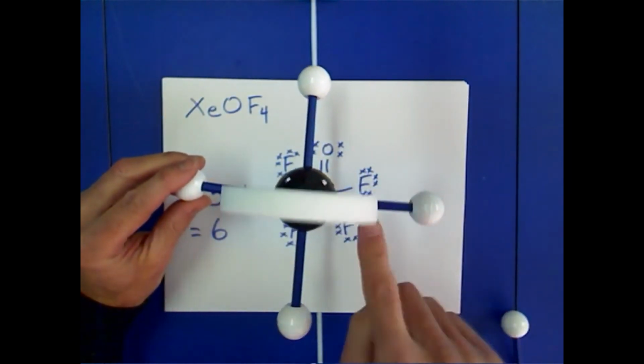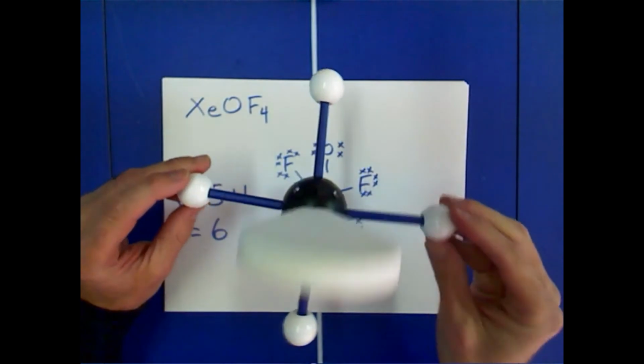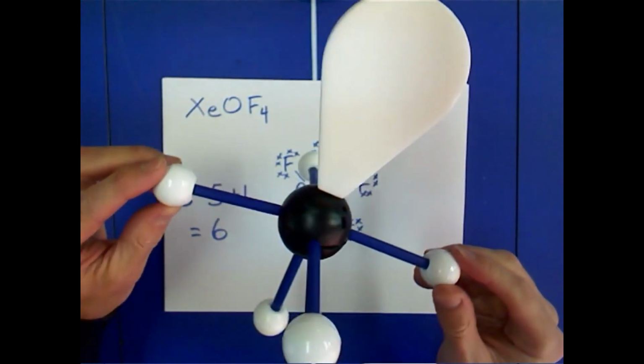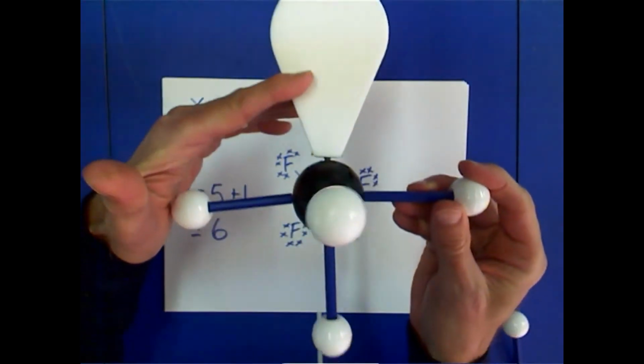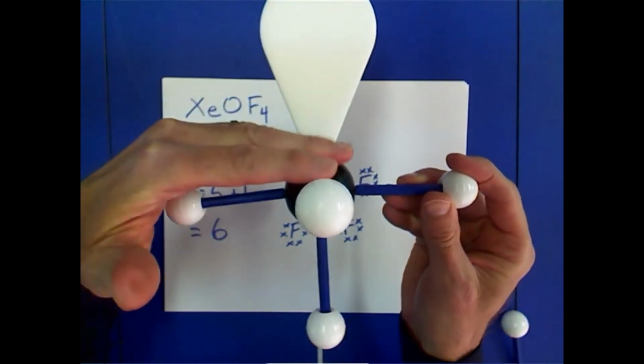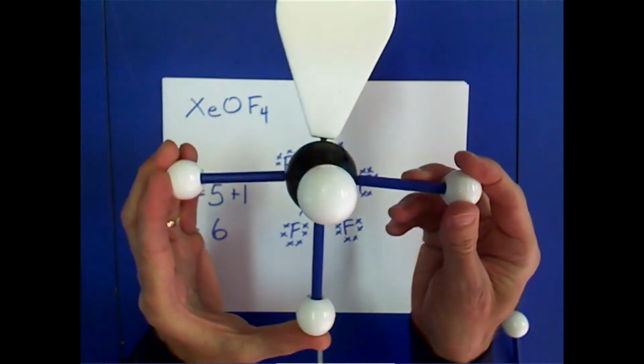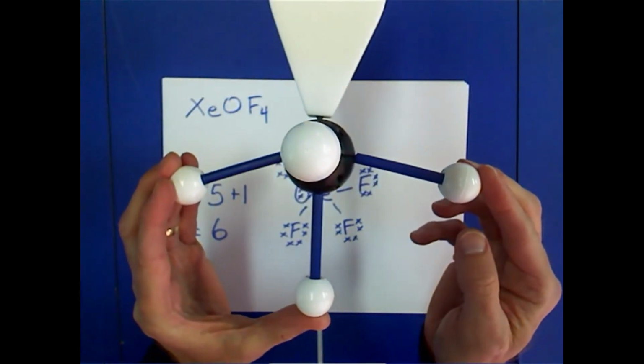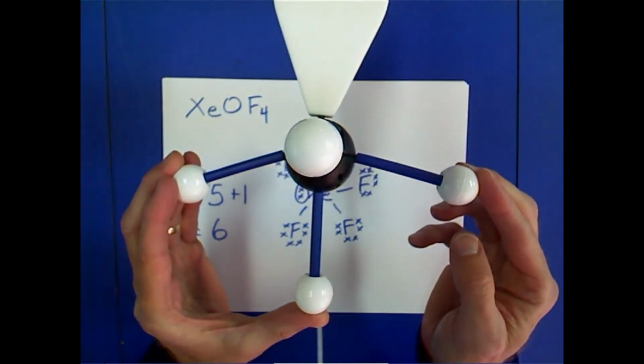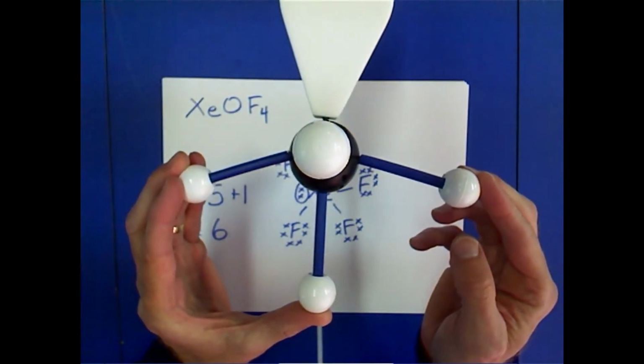We still essentially have a 90-degree angle between the bonds, but we're going to remember again that this lone pair is going to exert a little more pressure on the bond pairs, and that's going to squeeze these bonds in a little tighter. And so the bond angles here are going to be slightly less than 90 degrees.